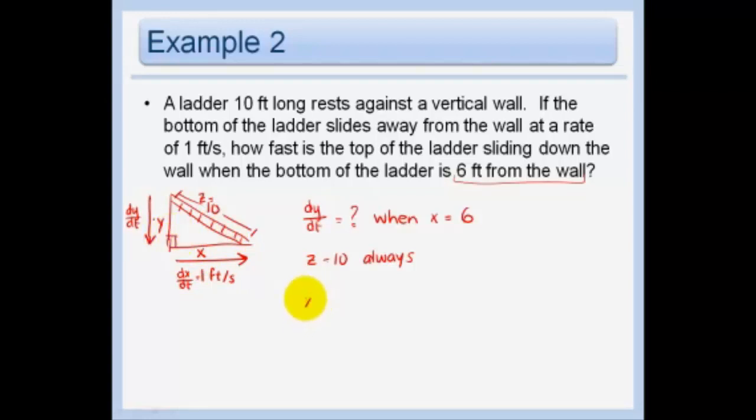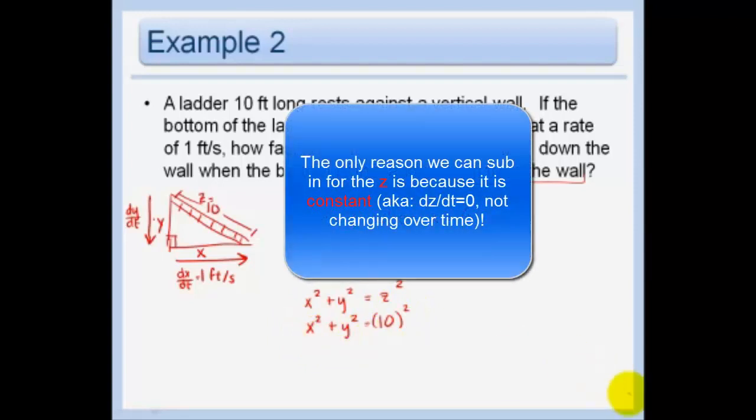Because it's a right triangle. The only thing that we know that remains constant is the z. So all we know is x squared plus y squared equals 10 squared. We cannot substitute in for the x because it's changing over time.